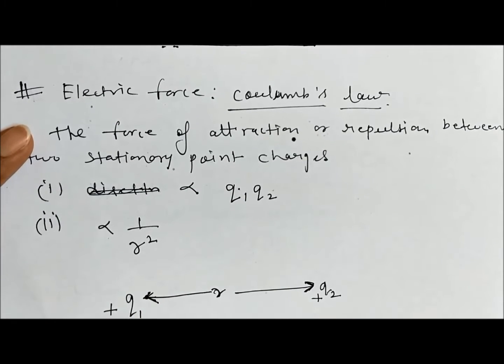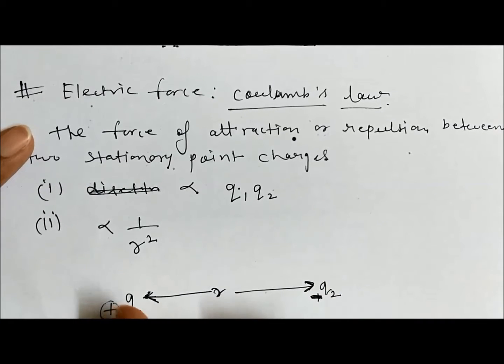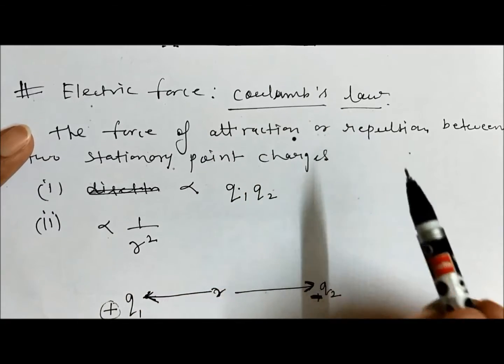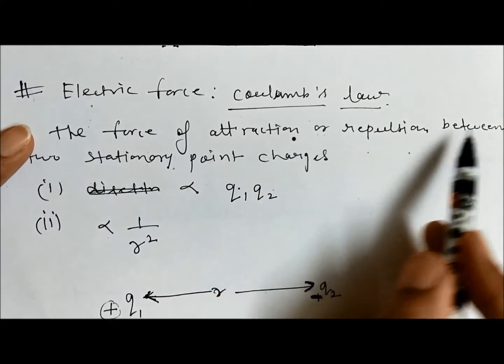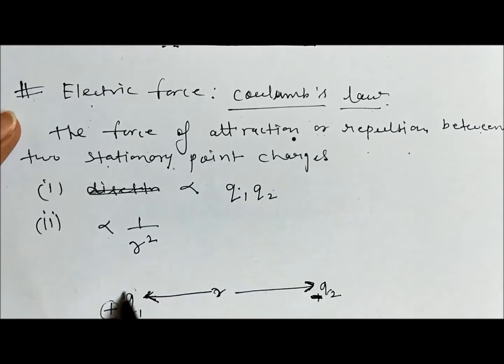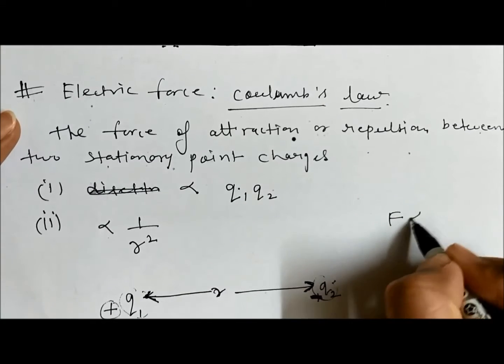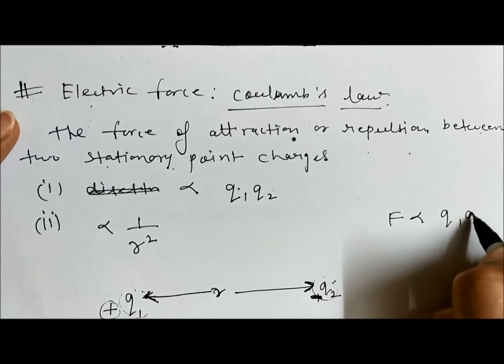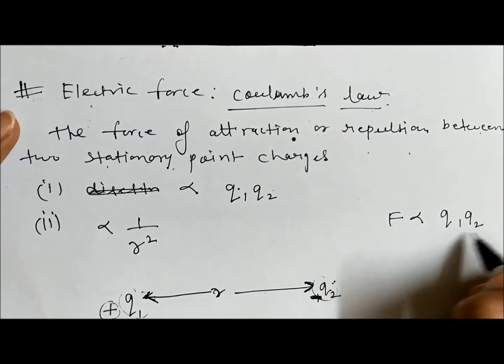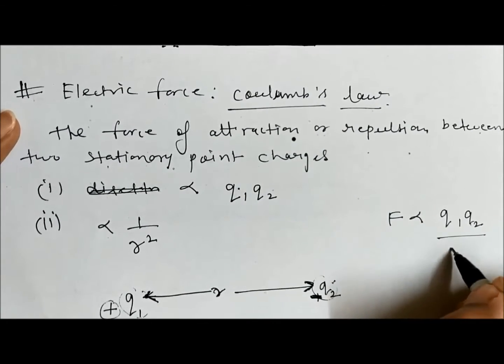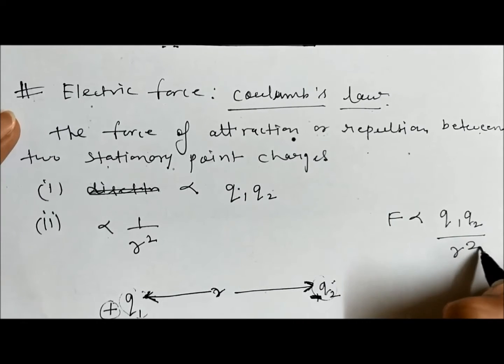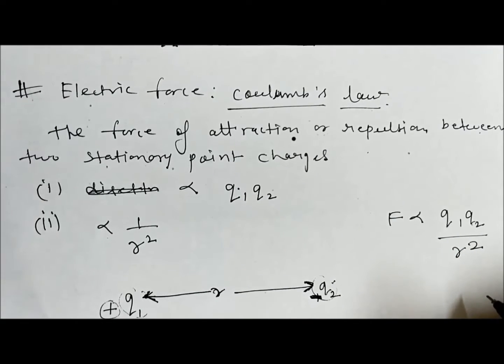If one charge is positive and another is negative, then they will attract each other. So Coulomb's law states that the force of attraction and repulsion between two stationary point charges will be directly proportional to the product of the charges and inversely proportional to the square of the distance between them.